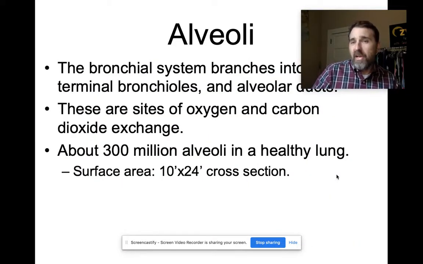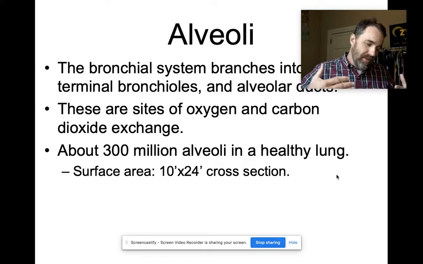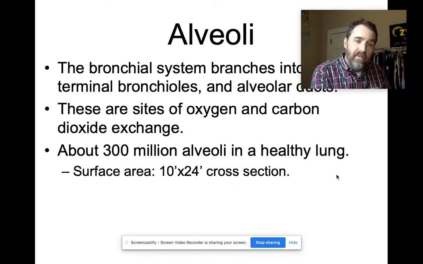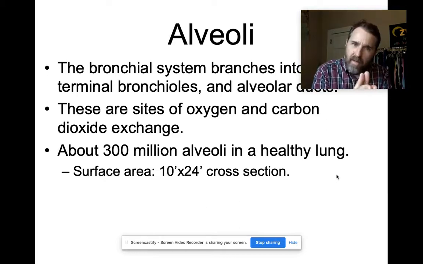You have about 300 million alveoli in a healthy lung. So if you were to take just a human lung and slice a cross section of it, open it up, the surface area of the alveoli you would have exposed in that one cut would be a 10-foot by 24-foot square, would be that much surface area.